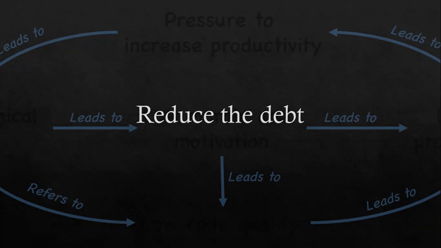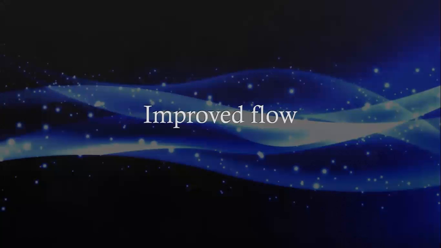So as we went through, we decreased the debt and we actually improved the flow. Within a couple months of doing a review, rewriting the cases and creating this structure, we were able to move from 15,000 to 7,500 within a month and a half.